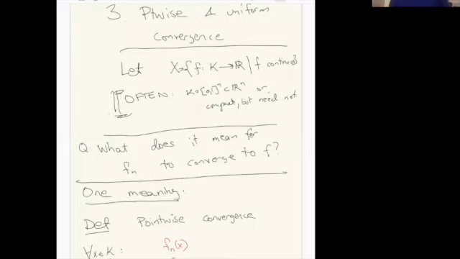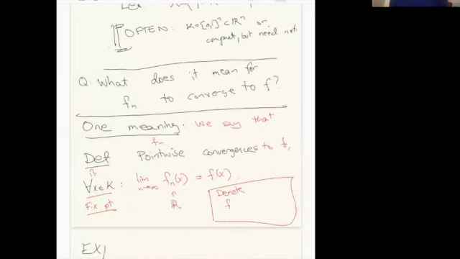So we can ask, when does this sequence of values converge to some limiting value? So we say that f_n pointwise converges to f if the following holds. And this is sometimes, I'll denote this by f_n single arrow f, and often emphasized by saying pointwise.